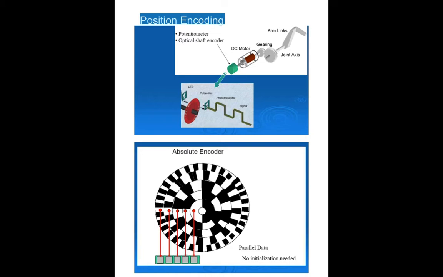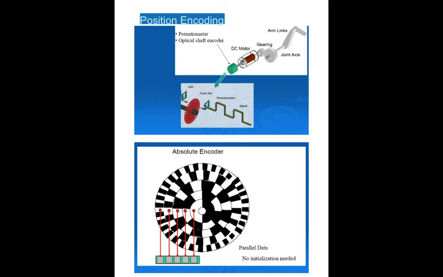In this type of system, the construction is very simple. We have a disk which has an opaque as well as a transparent area.